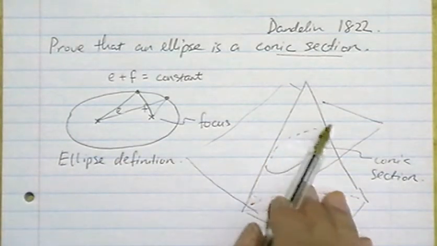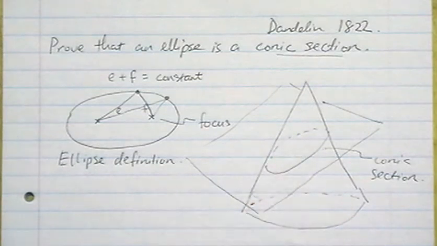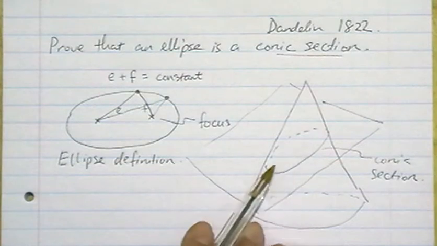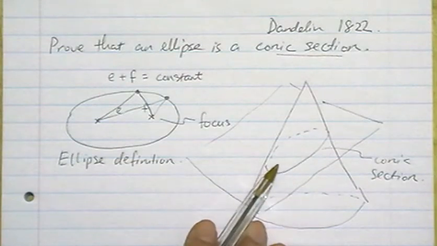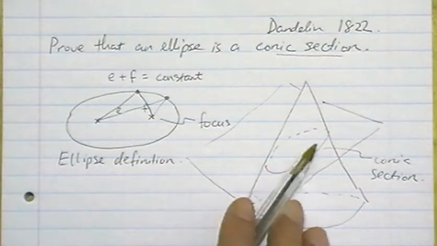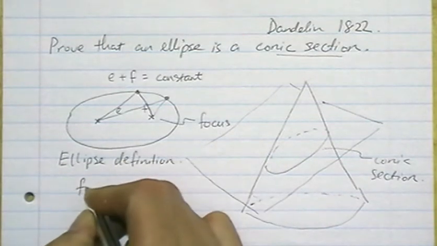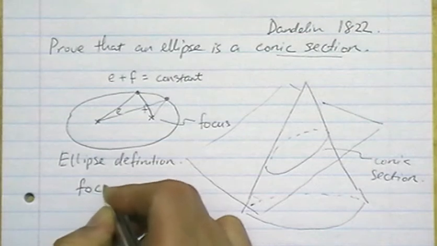So in order to prove that this is a conic section, we need to be able to find 2 focuses or foci, depending on how you like to pronounce it.